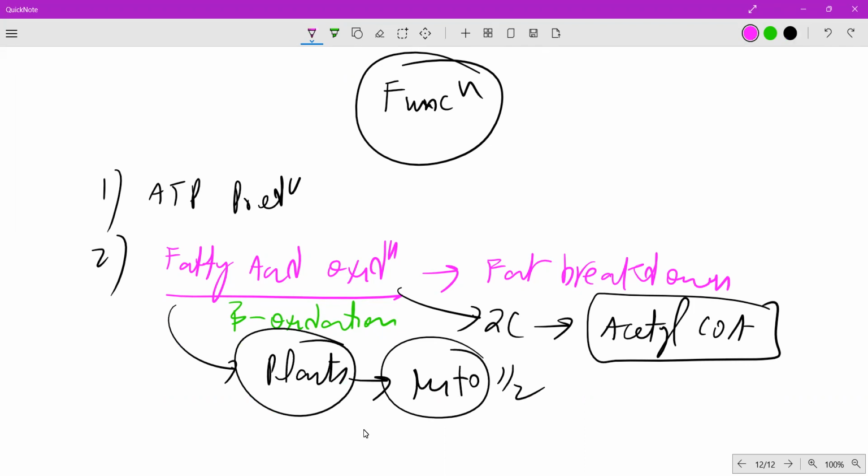In plants, we know beta oxidation can also take place in peroxisomes or glyoxysomes. The plants have 2 organelles where beta oxidation can take place.